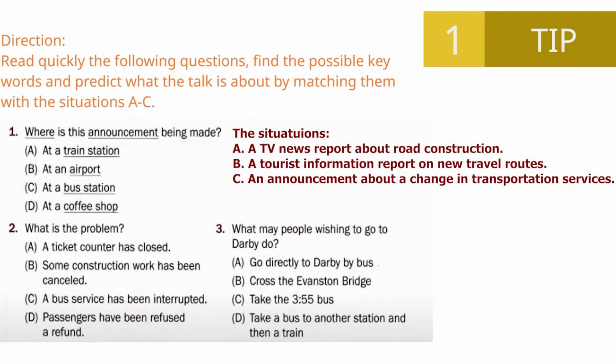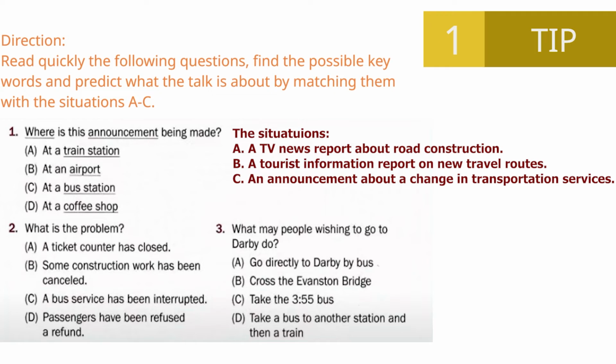Now, after you listen to the talk, let's discuss the answers. Before I provide you with the script, let's try to find the possible keywords, predict what the talk is about, and match them with the situations A until C. Okay? So look at the first question. Here it is already provided with the possible keywords. The first is where.